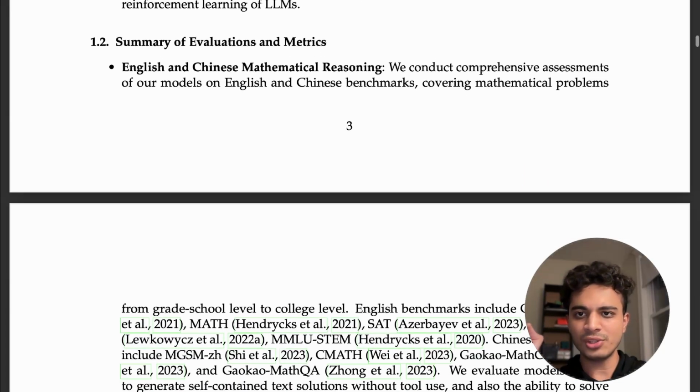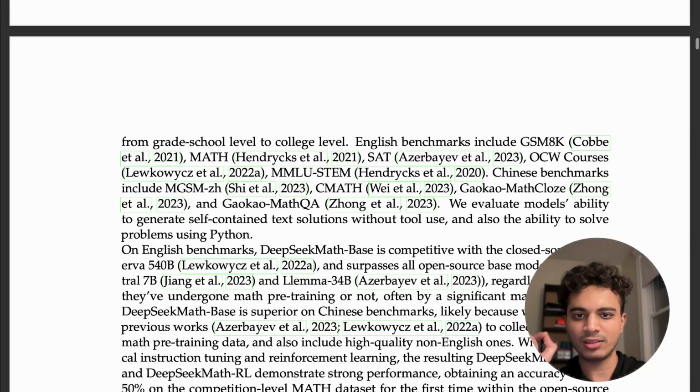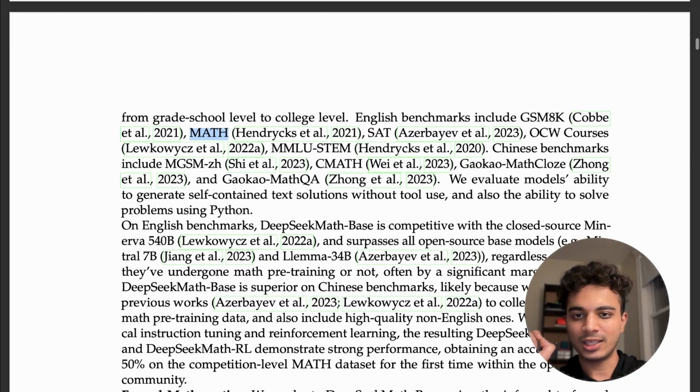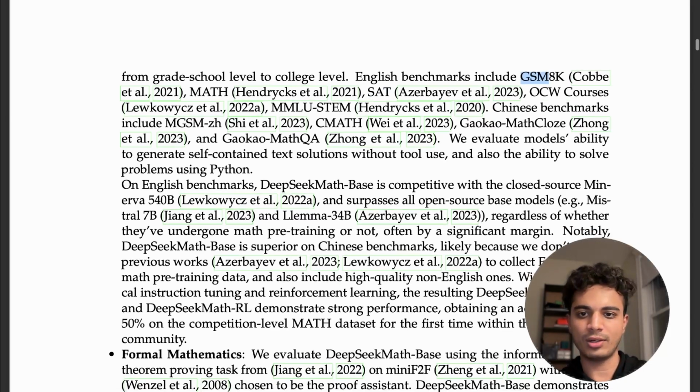So for evaluation of the model, they are using Chinese and English mathematical reasoning benchmarks. They have listed a lot of benchmarks. They talk about the MATH benchmark a lot throughout this paper, and I think SAT is fine. SAT is not really mentioned repetitively, but MATH is mentioned a lot of times, and I think GSM8K is also mentioned quite a lot of times.